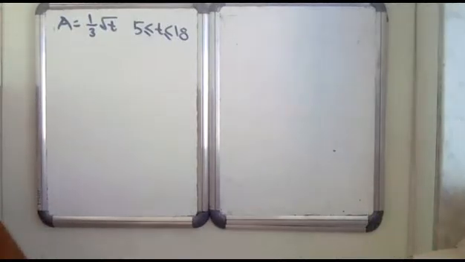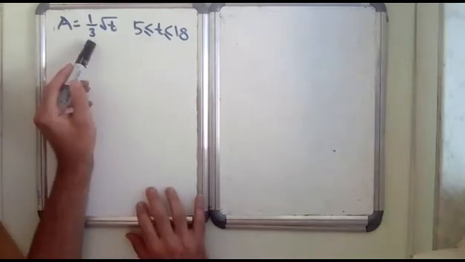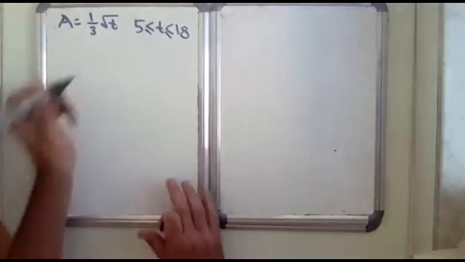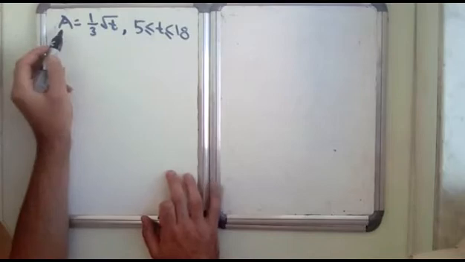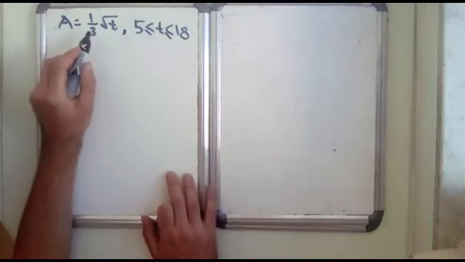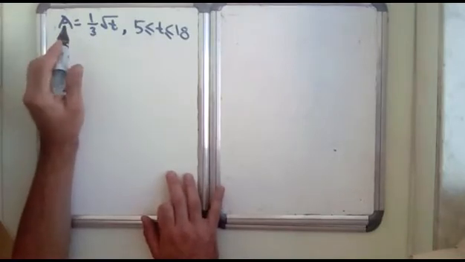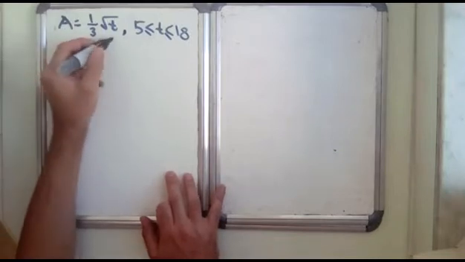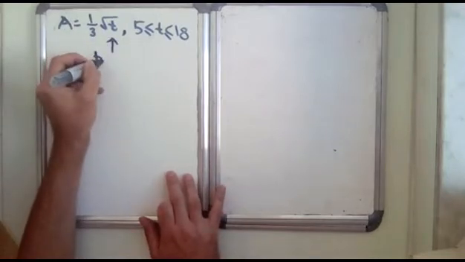Okay, here we've got a question, and it says, according to a psychologist, the ability of a person to understand spatial concepts is given by A equals 1/3 root t for t between 5 and 18. Ability doesn't have any units, so we're just going to say units of ability, I guess. t has the units of time in years.